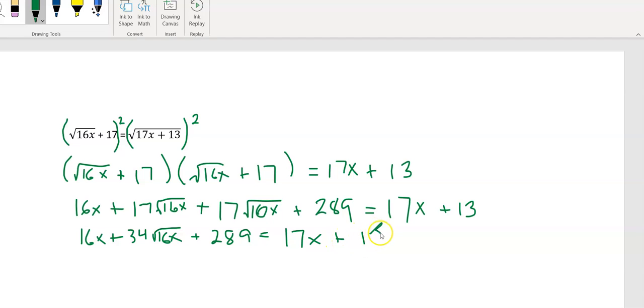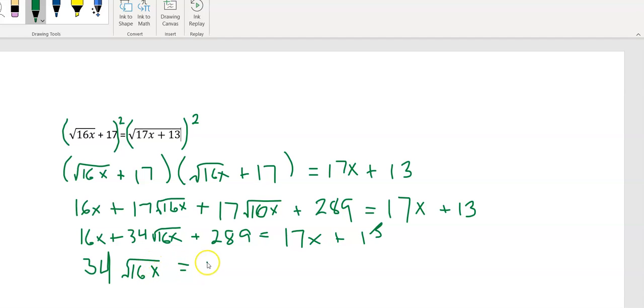Okay, now, well, that wasn't a very good 13, but let's just remember that is 13. I just brought it down from here. Okay, so we still have a radical, so we need to get that radical by itself, which means I need to move this 16x and this 289 to the other side of the equation. And I'll leave the 34 square root of 16x over here.